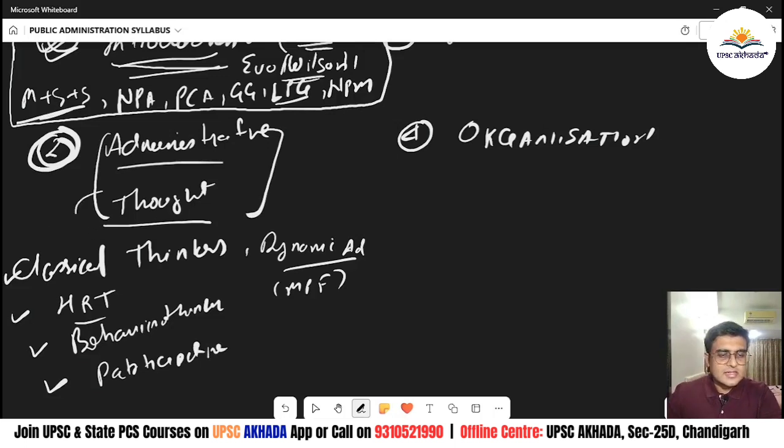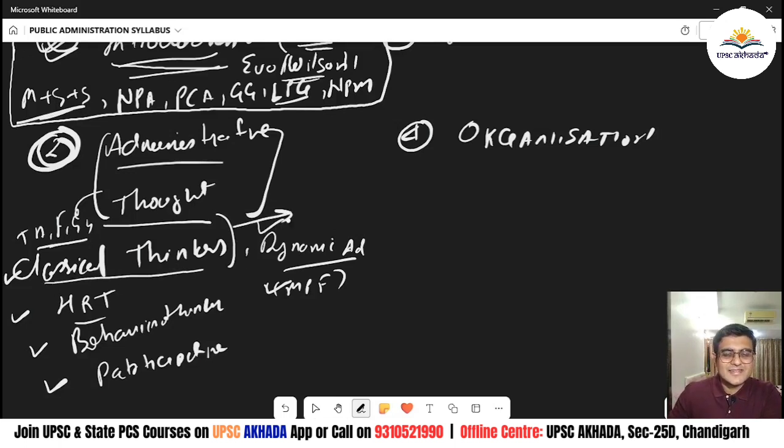What it consists of: the classical thinkers like Taylor, Fayol, Gulick, Urwick. Then we have dynamic administration of MP Follett. Basically the classical thinkers segment also includes Max Weber, that is his conceptualization of bureaucracy, what we refer to as Weberian bureaucracy.